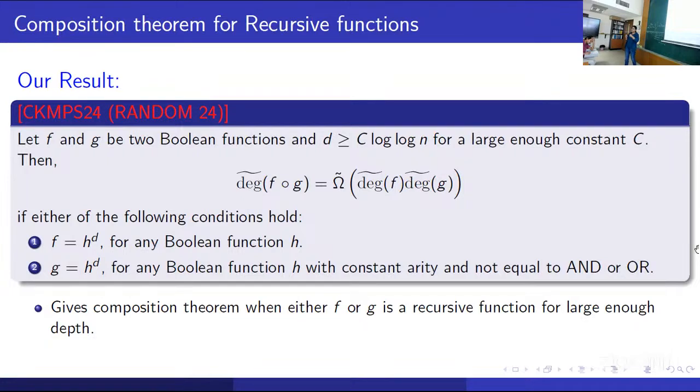And when the inner function is a recursive function and the outer function can be anything except AND or OR, that we don't have, because that is another big open problem in this area. Recursive OR will give you a big OR, just nothing more.